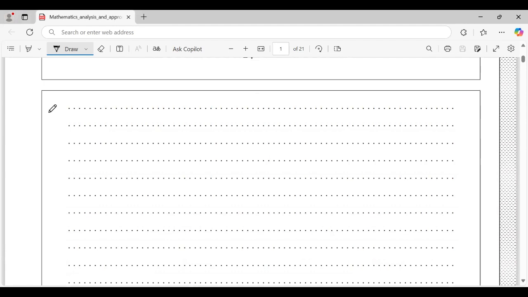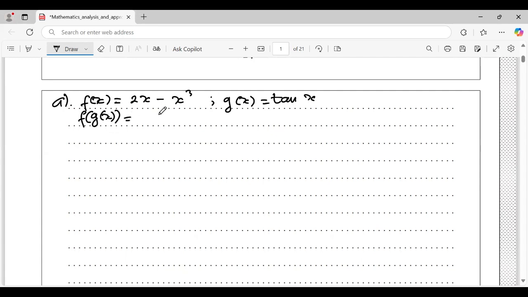The composite function: if f(x) equals 2x minus x cubed, and g(x) equals tangent x, then f of g(x) becomes 2 times g(x) minus g(x) cubed.